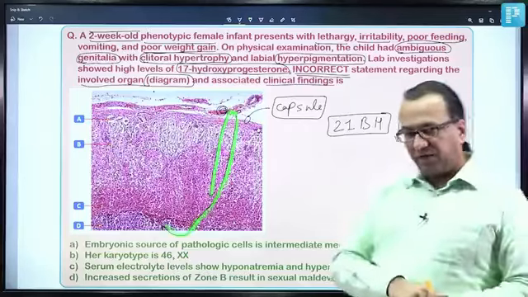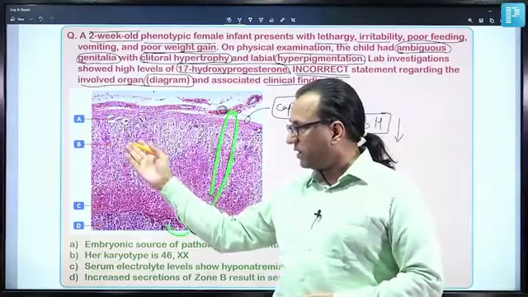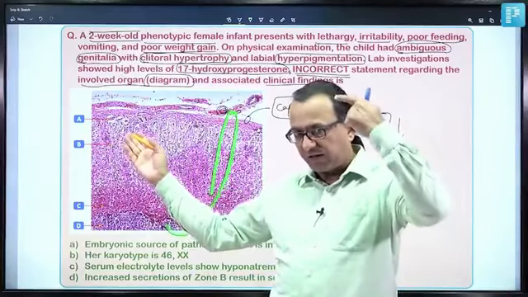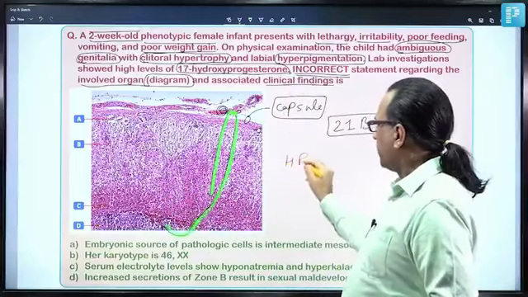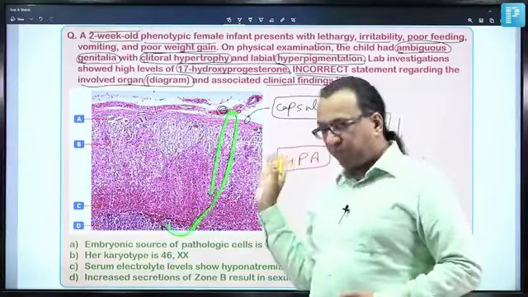Now, if we have deficiency of aldosterone or cortisol in the blood, the feedback mechanism which works backwards towards the central nervous system, basically the hypothalamo-pituitary axis, will be compromised.